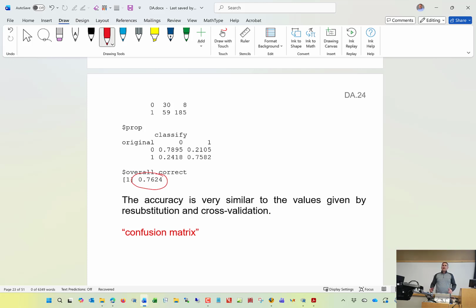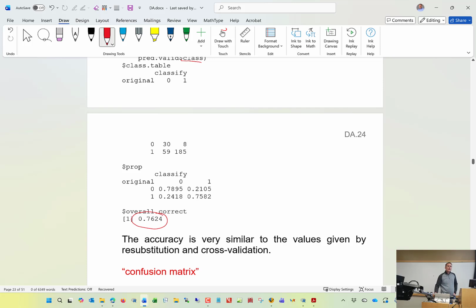Again, this is meant to be more of an unbiased estimate of how good this method will work. Because of that, I would expect this to be typically less than what I get from resubstitution, and very often less than what I get from cross-validation too. So this is what we got. Any questions?